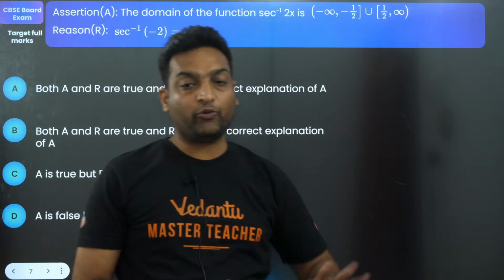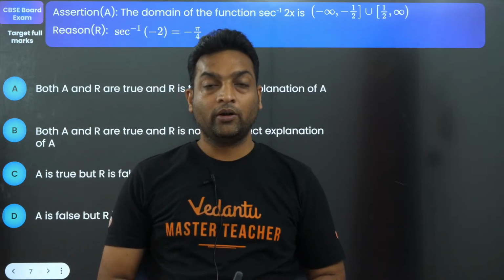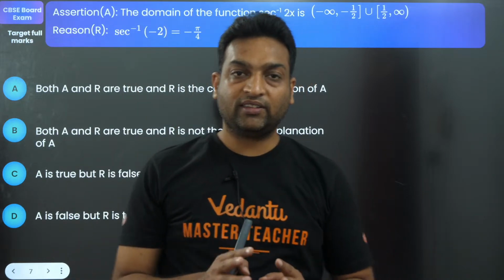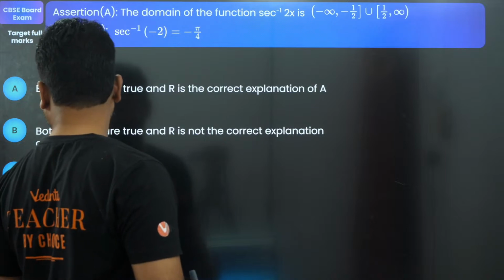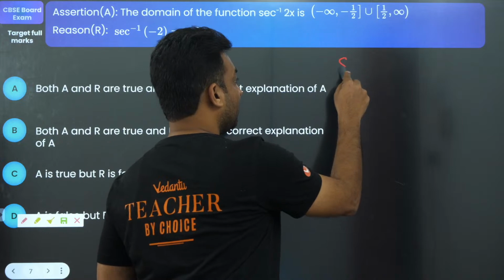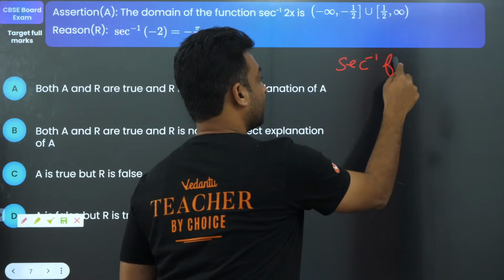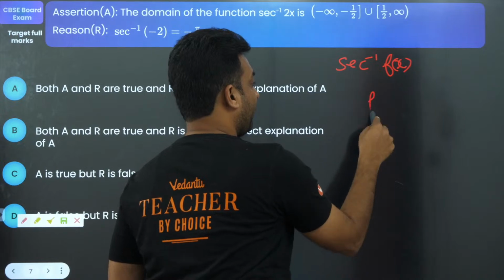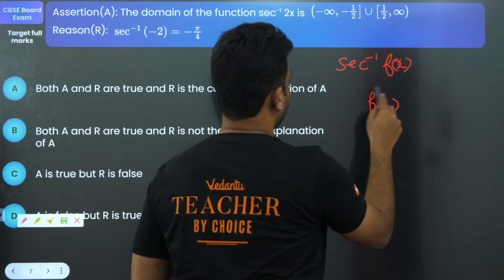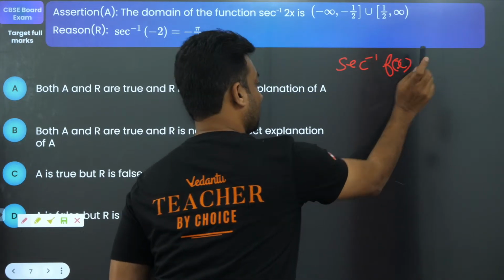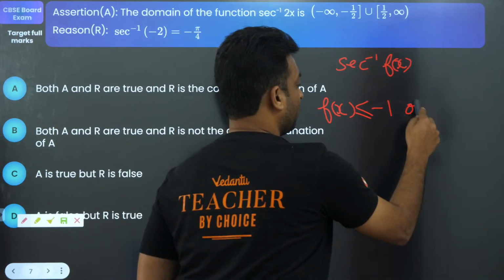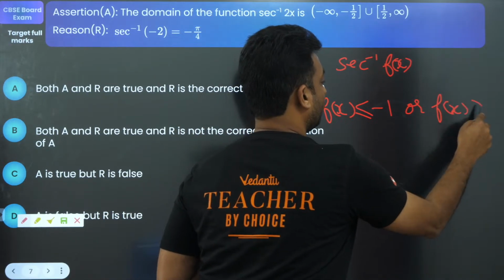Domain of secant inverse 2x. Now, students, this is something that you need to learn. I hope you have learned till now that the domain of secant inverse f(x) is: f(x) should be less than or equal to minus 1, or f(x) should be greater than or equal to 1.